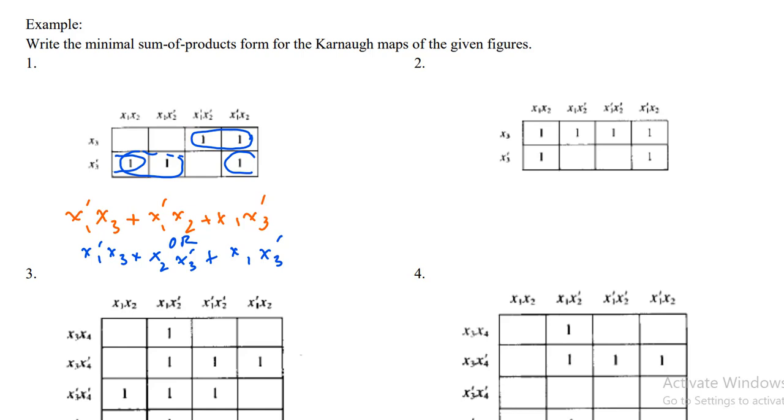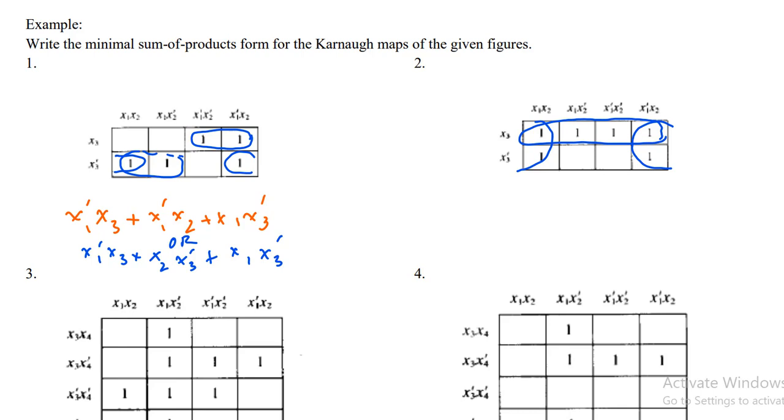Similarly, we'll try the next example. You could stop the video and try it yourself and then see if we match. And again, make sure you look for the largest group of ones adjacent to each other. By looking at this, I see that I could combine first this group as 4 and then this other group here. This other group here, if I look up, everything varies, so they all cancel.